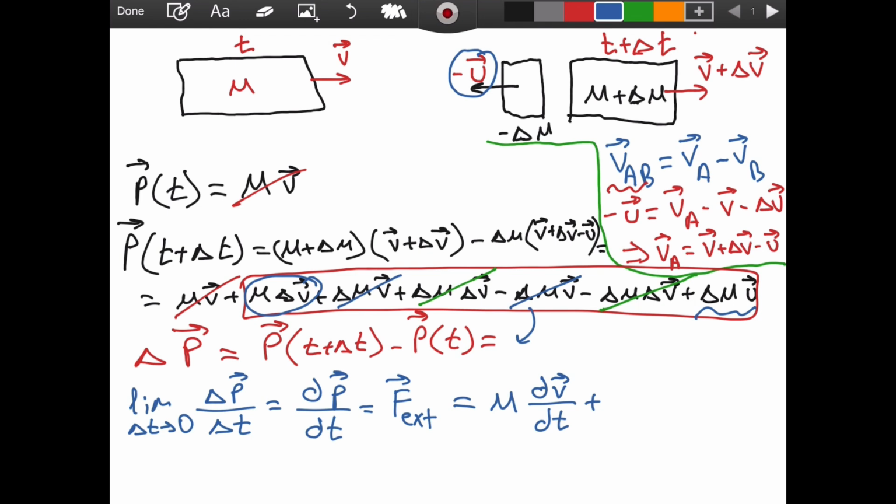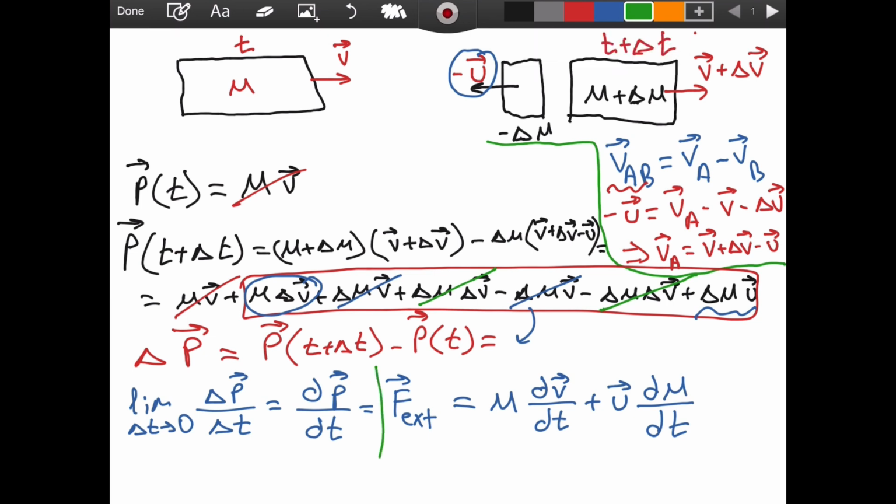Plus, we're going to have delta m times u. Remember, u is a constant. Our fuel is coming out of the rocket with the same relative velocity all the time. So u comes out of the limit, and we have delta m divided by delta t as delta t approaches 0. That is going to give us a derivative, and that derivative is dm dt.